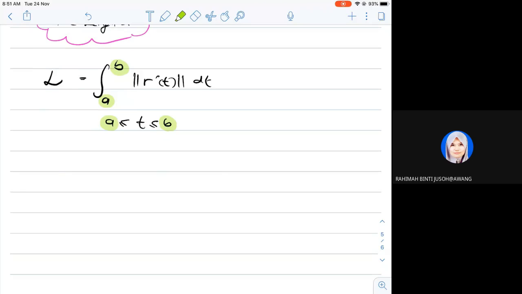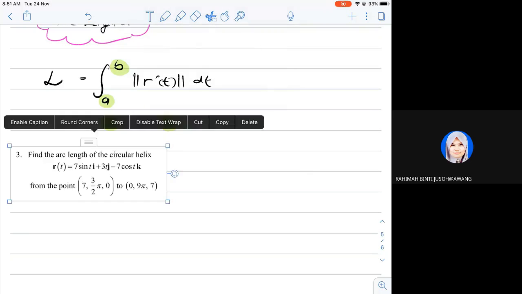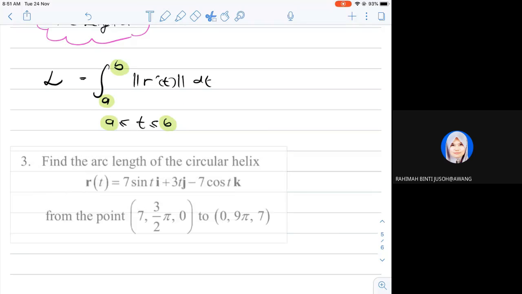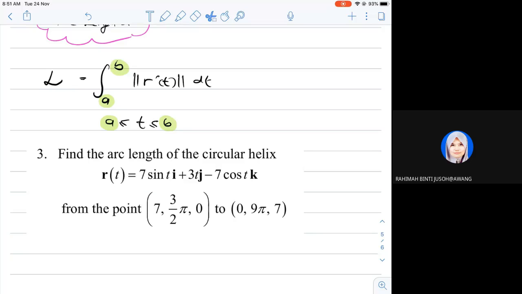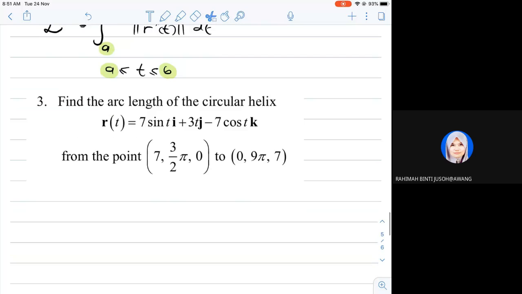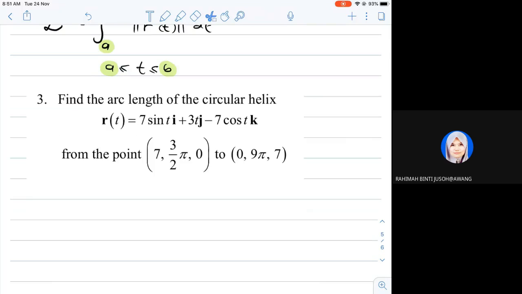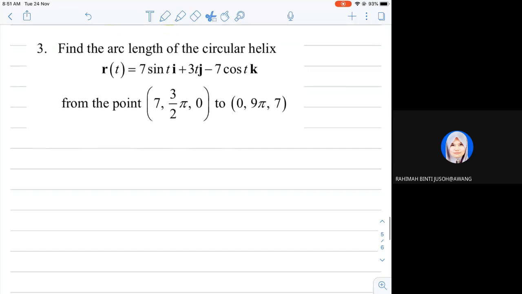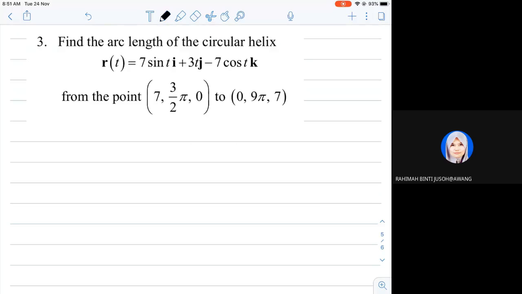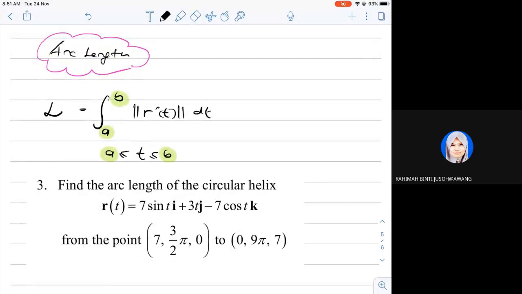So let's take a look at question number 3. Find the arc length of the circular helix. We have r(t). Before that, according to this formula, what is the missing information in question number 3?